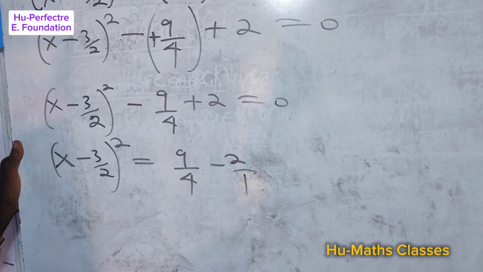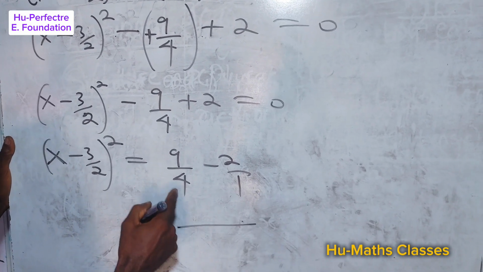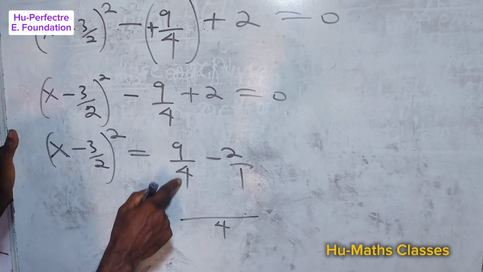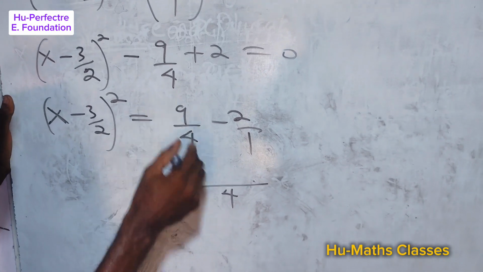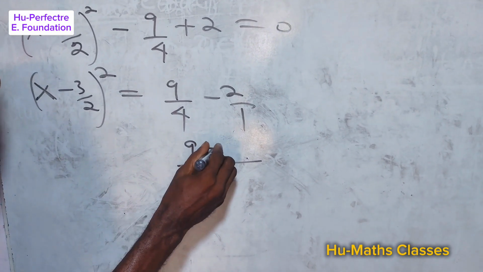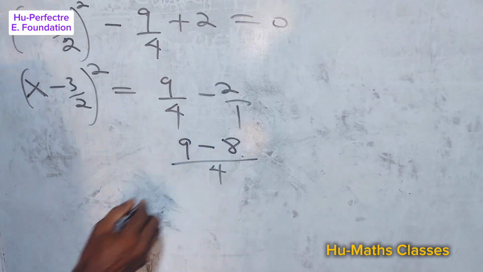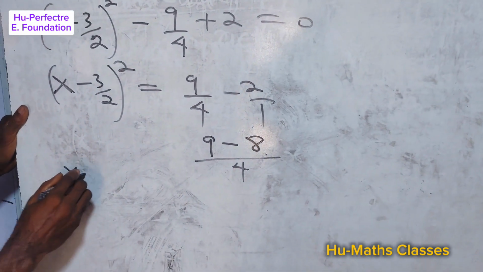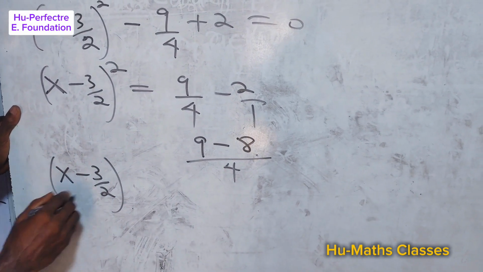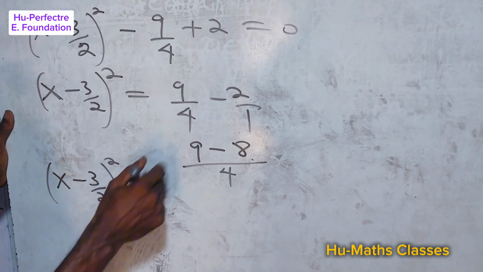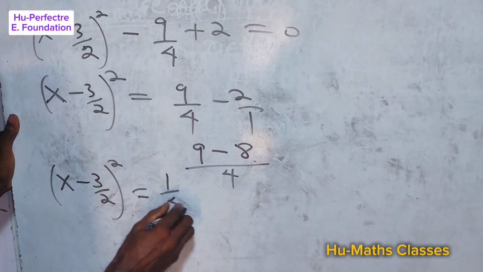Let me put it in fractional form. The LCM of these two fractions is 4. 4 in 4 is 1 times 9 is 9. Minus 4 in 4 is 1 times 2 is 8. So we have x minus 3 over 2 all squared is equal to 9 minus 8, which is 1 over 4.